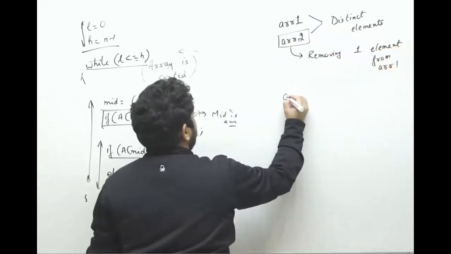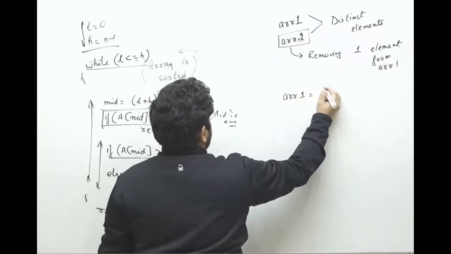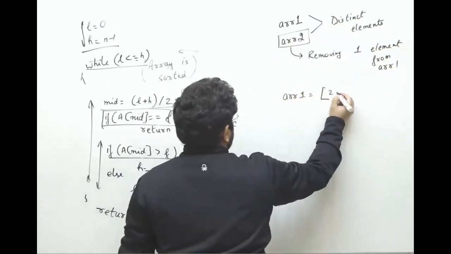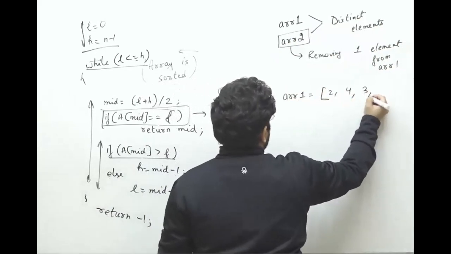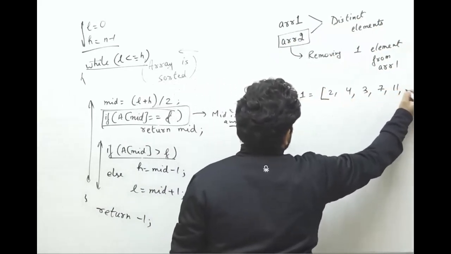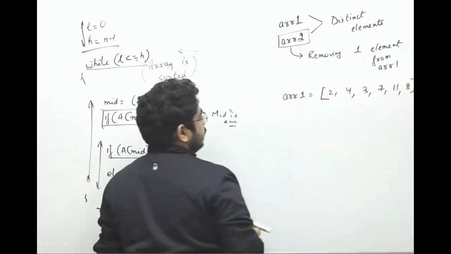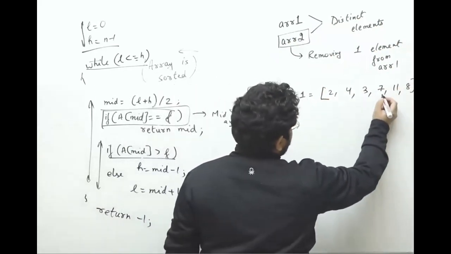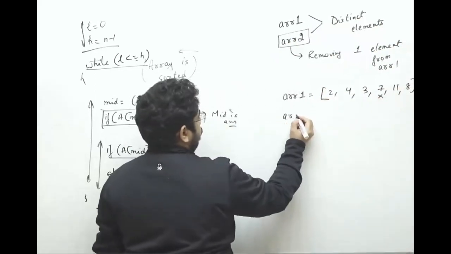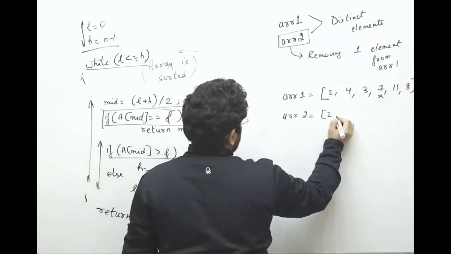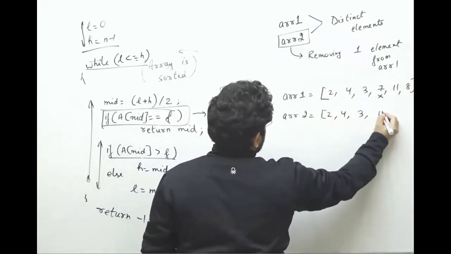So as an example, let's say array 1 goes like 2, 4, 3, 7, 11, 8, right? Let's say I decide to remove 7 from here. So array 2 becomes 2, 4, 3, 11, 8.